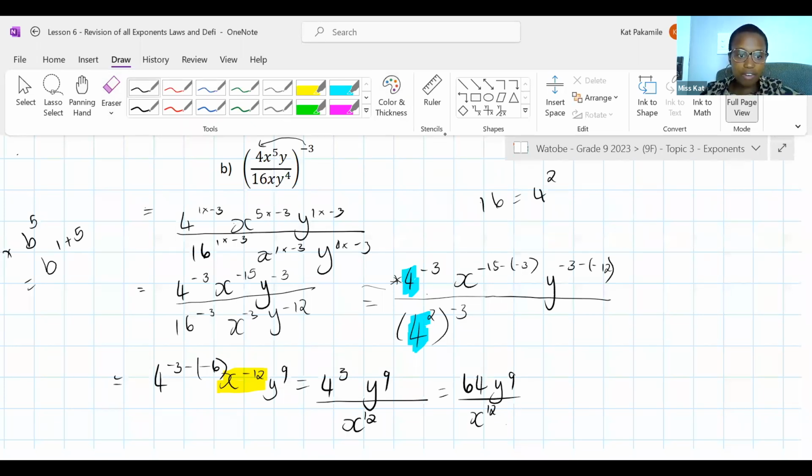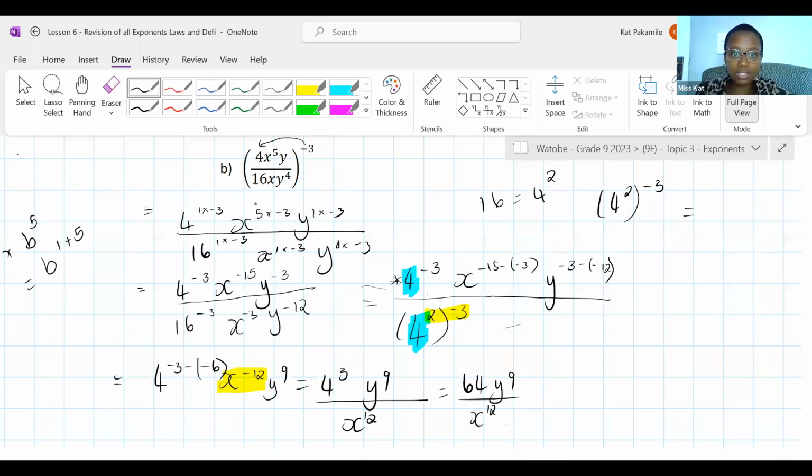So from here, what we did was, check here, we have a power to a power, right? So what does that rule say? It says if you have a power to a power, what do you do to the exponents? Do you remember? We need to know our rules, guys. What does it say when we have power to a power?